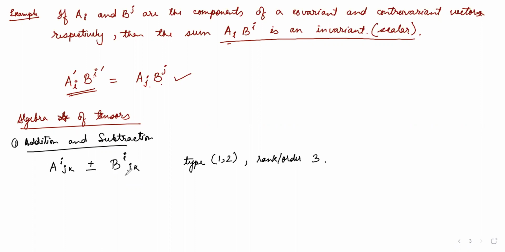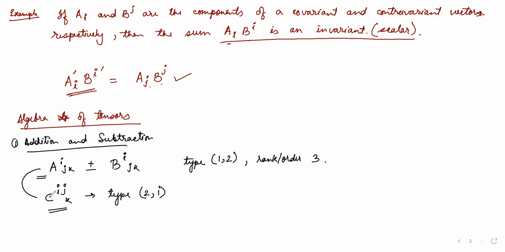But if we have two different tensors, say another tensor C^ij_k, what is the type of this tensor? How many contravariant indices are there? Two indices. So type 2, 1. So the type of this tensor and the type of A are not equal, so we cannot add these two tensors.